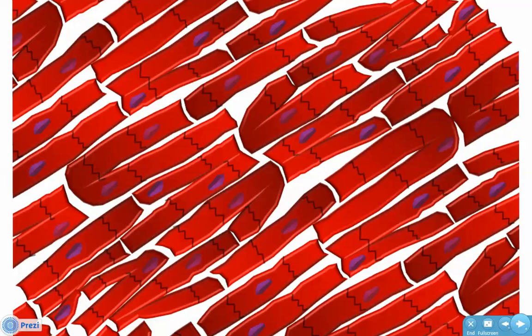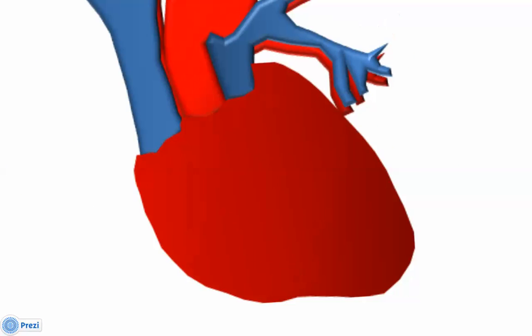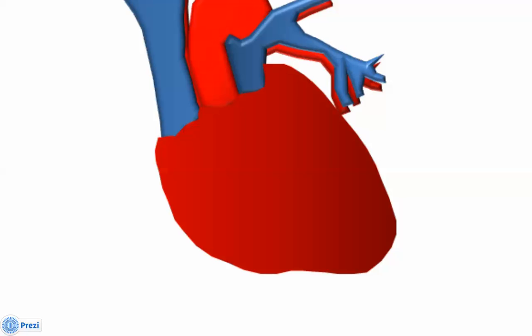There are 4 primary tissue types: epithelial tissue, connective tissue, muscle tissue, and nervous tissue. And when I take at least 2 or more of these different tissue types and put them together in a really particular structure like, say, a heart, I've now jumped from the tissue level of organization to the organ level of organization. 2 or more tissues structured together to make something gives you an organ.